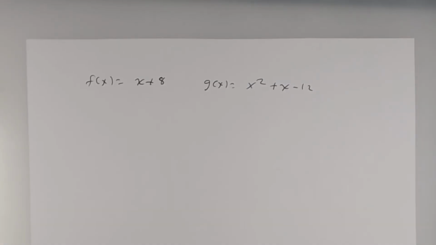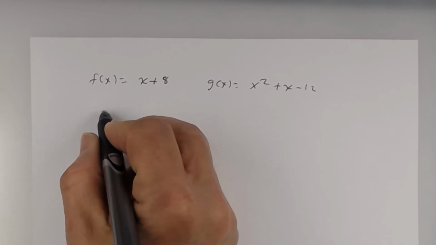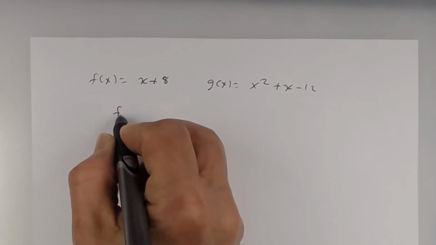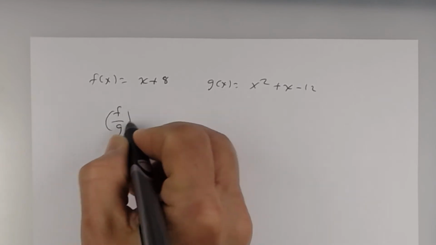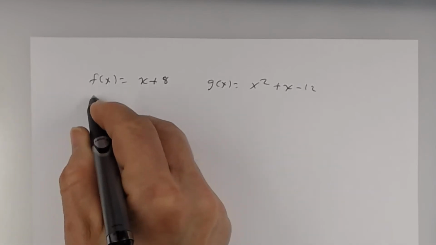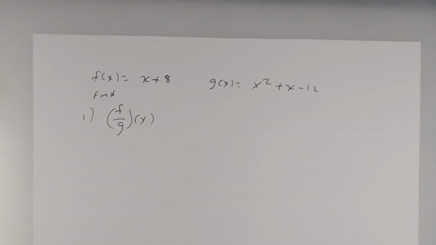Now, adding, subtracting, multiplying, well, multiplying is going to be a little bit tricky here because you can't use a FOIL method. But basically what I want to do is this. I want to look at f divided by g at x. So find, number 1, f divided by g at x. Okay, so let's do that.